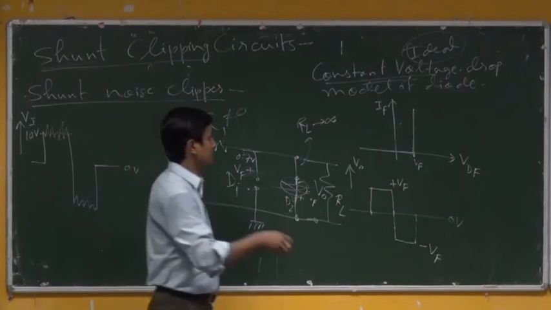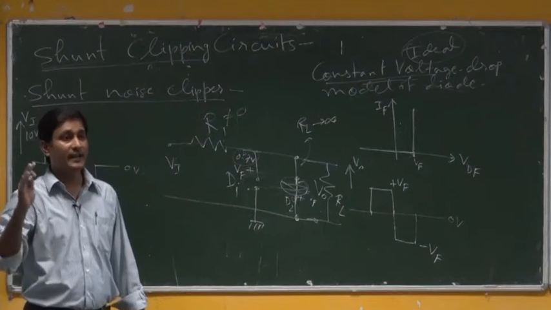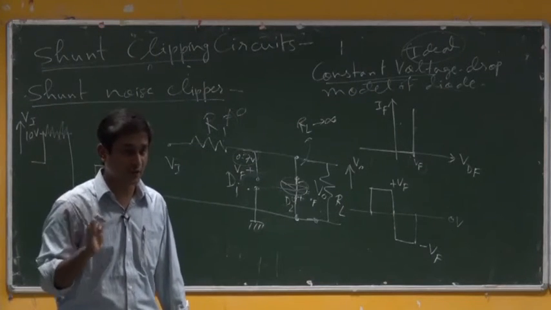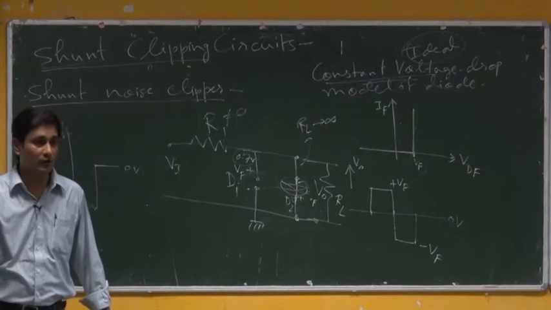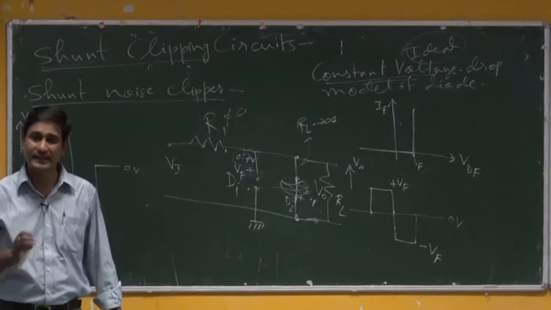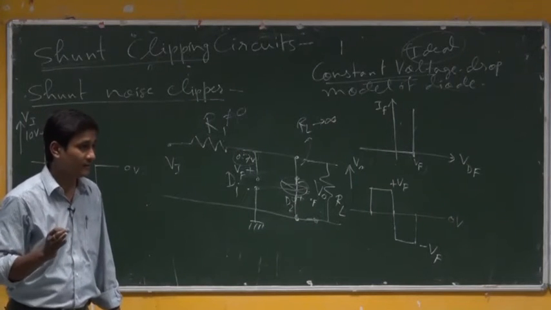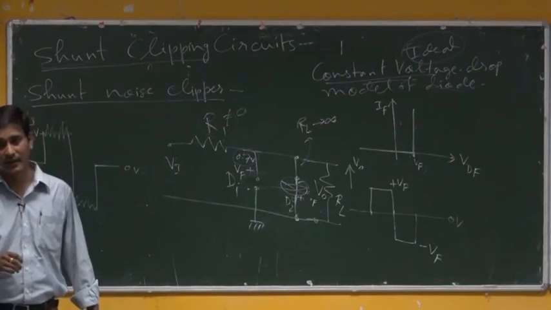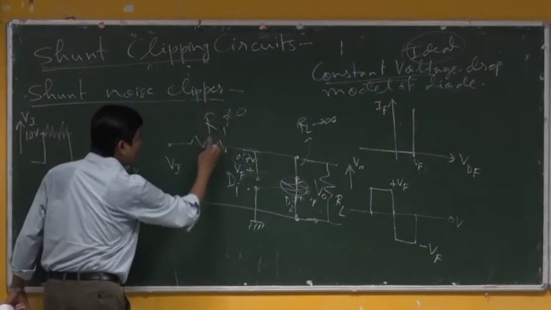For example, if I am considering 0.7 volt or 0.3 volt, and I consider 10 volt or 15 volt, which is very natural for our electronic devices to operate with, then compared to 15 volt, I can consider 0.3 or 0.7 volt negligibly small and tending to 0. In that case, current can flow very high, so that can burn the diode. So, for that safety purpose, we always need one R1.